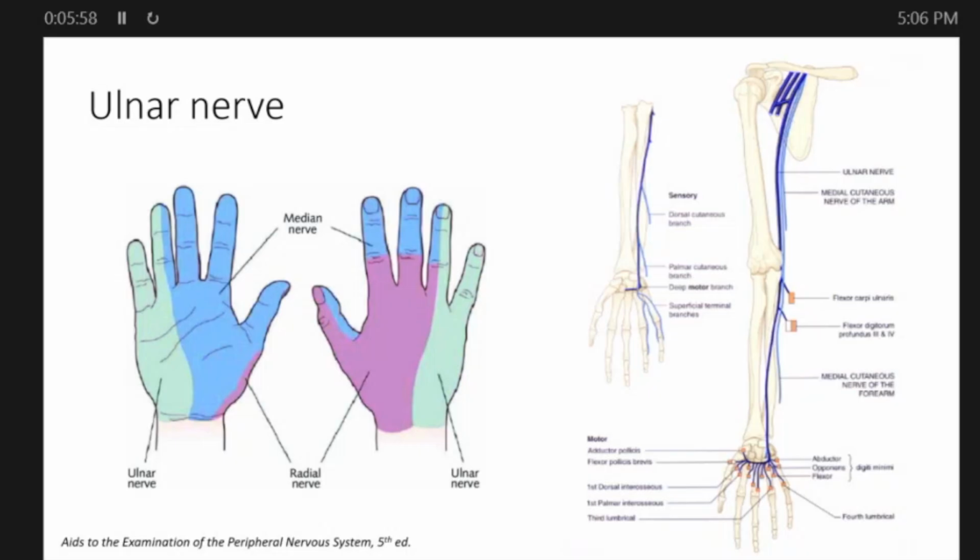One of the important sensory differences is that the Guyon's canal presentation will usually have sparing of sensation in the dorsum of the hand, as shown in the diagram here, because the dorsal cutaneous branch of the ulnar nerve arises proximally in the forearm. And so that is spared in the Guyon's canal compression. Guyon's canal neuropathy is much less common than ulnar entrapment neuropathy at the elbow or cubital tunnel syndrome, but it's an important part of the differential diagnosis.